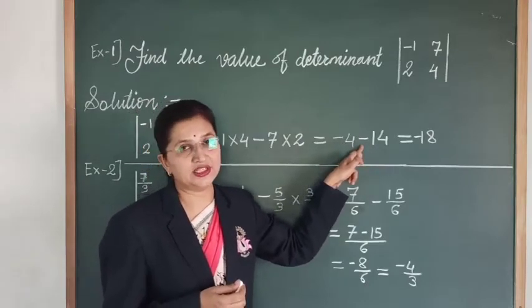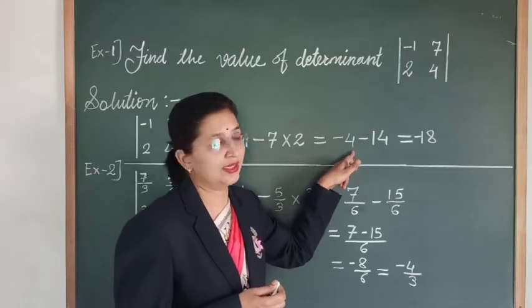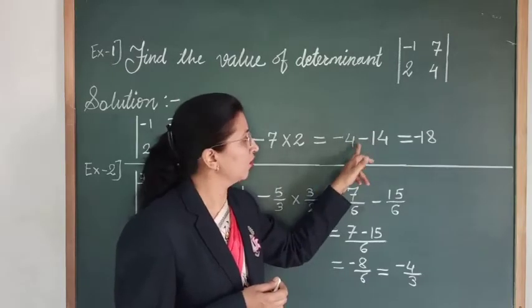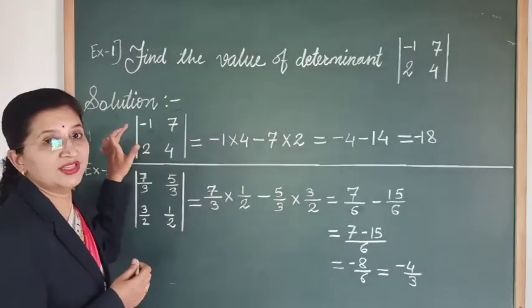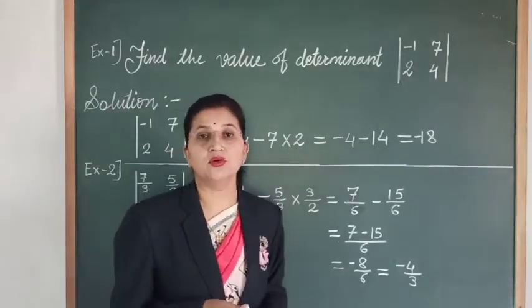Same sign addition: 14 plus 4 is 18, with the common negative sign. So the value of this determinant is -18.